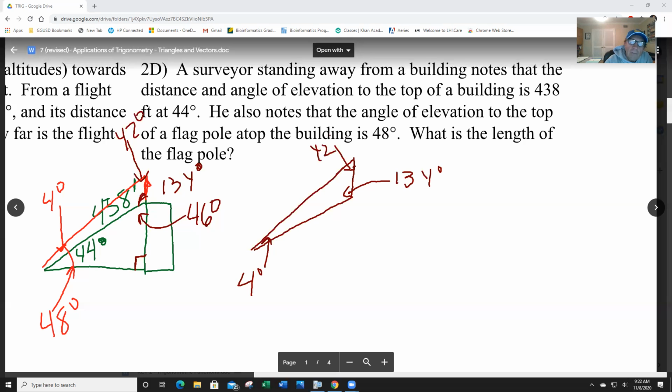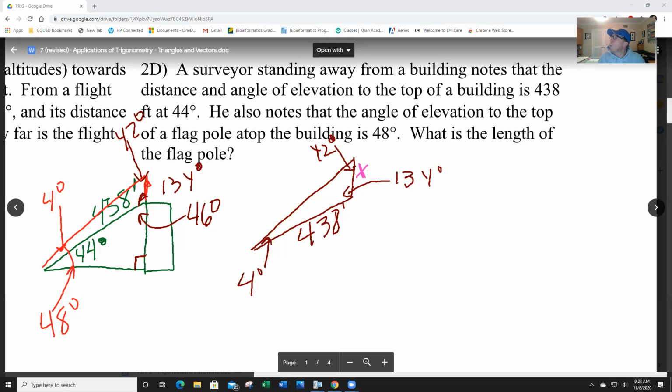Did a lot of stuff with the 180 rule in mind. Okay. And I got this right here at 438 feet. Okay, change colors. I'm looking for X right there. That's the height of the flagpole. So I cut the building out and just did that part. Again, a lot of critical thinking just to get there. Okay.